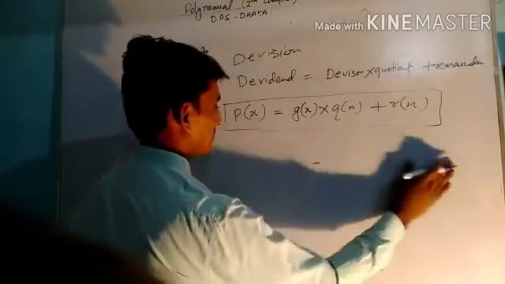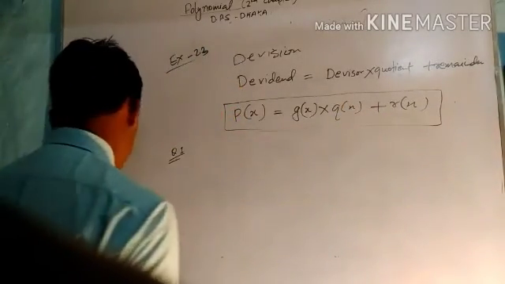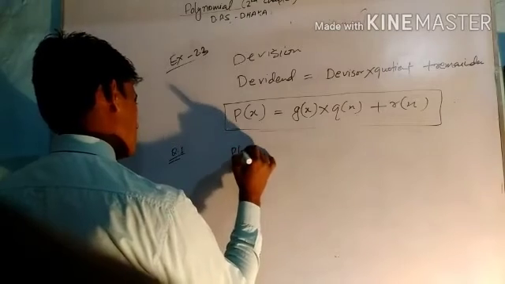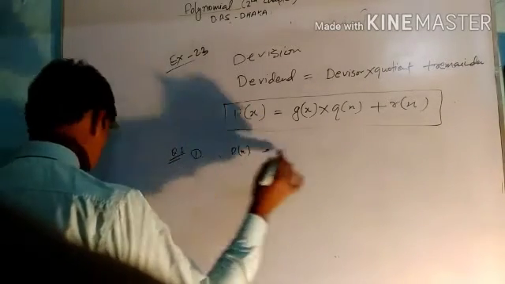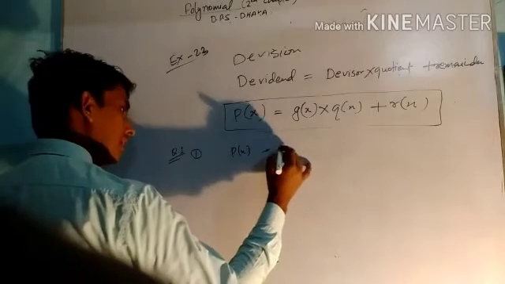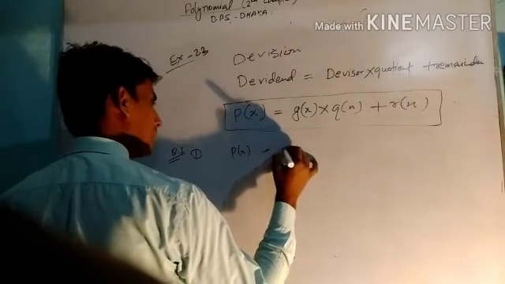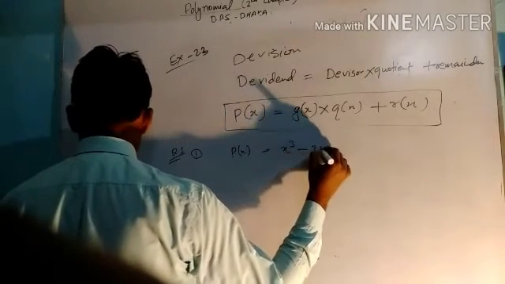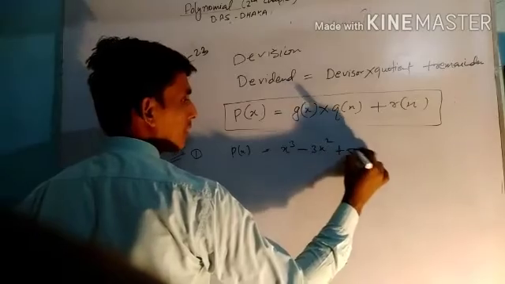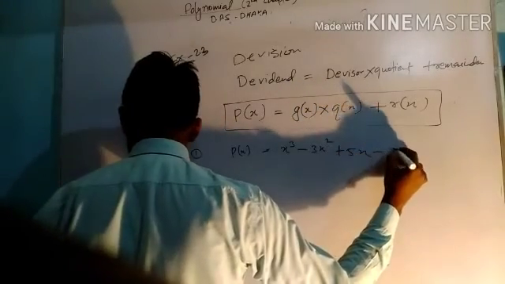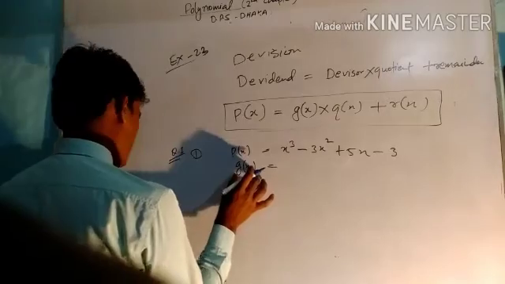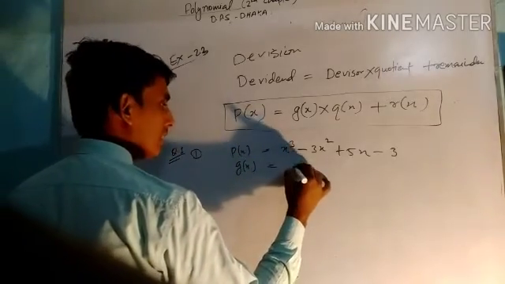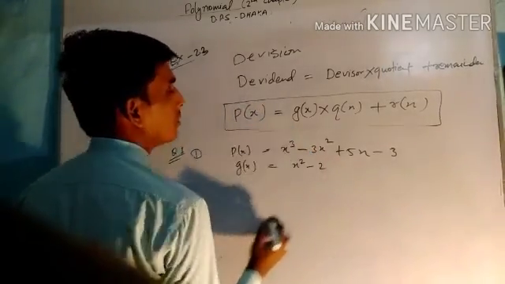Similarly here, a polynomial p(x) is given. So what is p(x)? In question number 1, part 1, p(x) is given as x cube minus 3x square plus 5x minus 3, and g(x), this is the divisor polynomial, is given as x square minus 2.